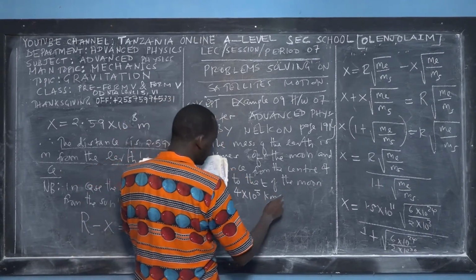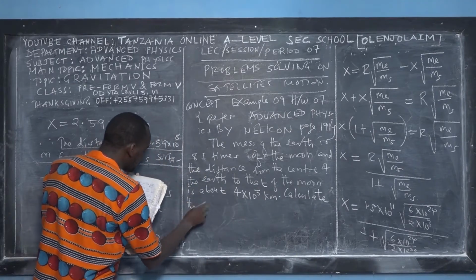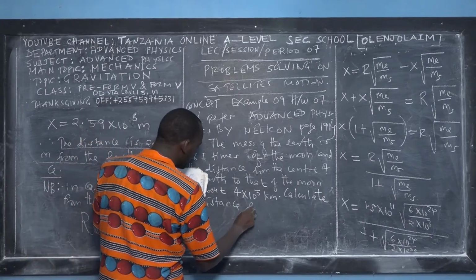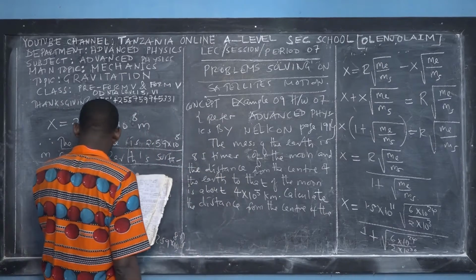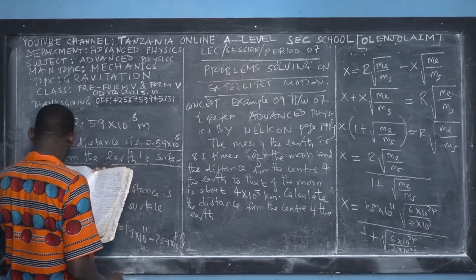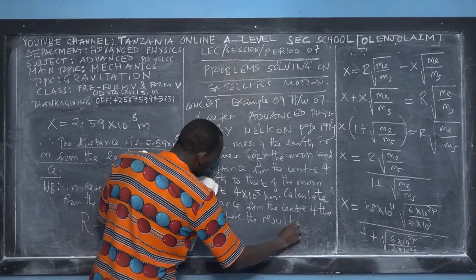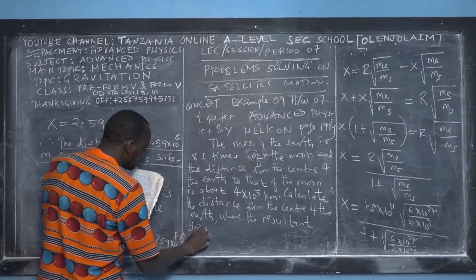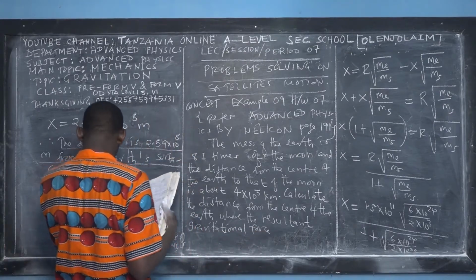Calculate the distance from the center of the Earth where the resultant gravitational force becomes 0.